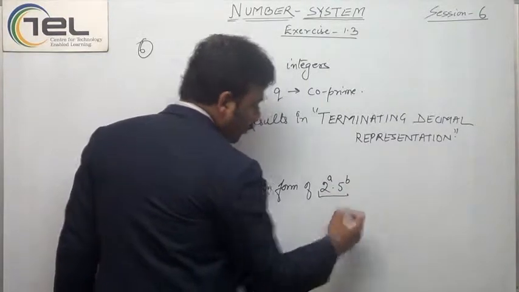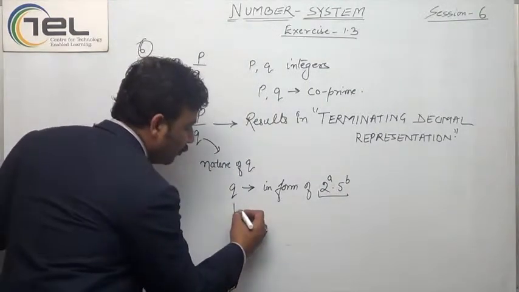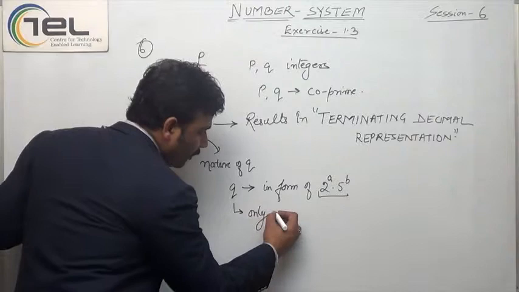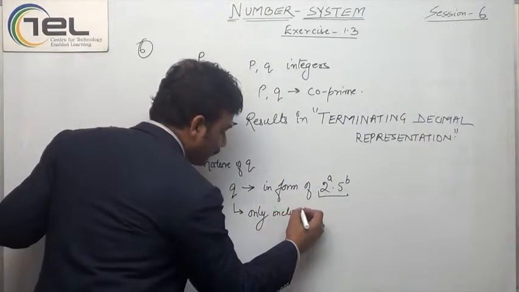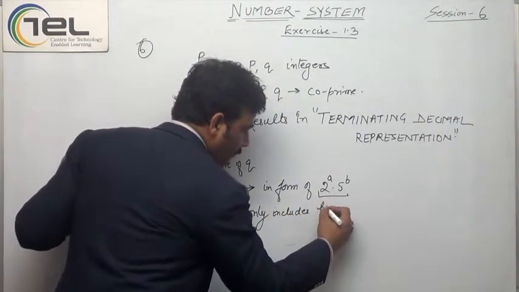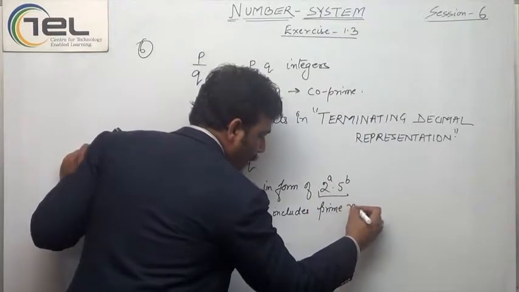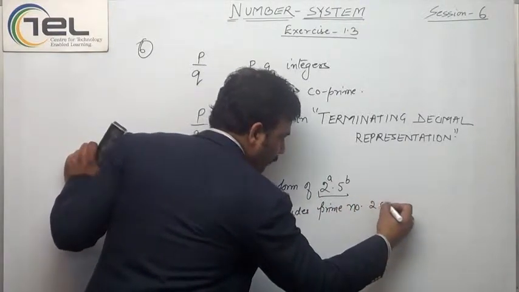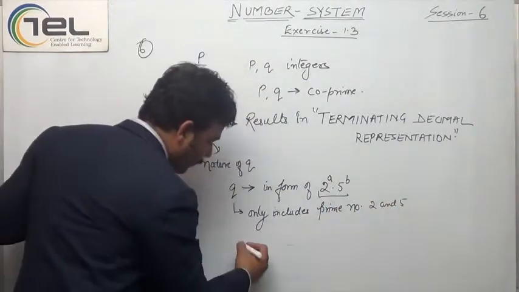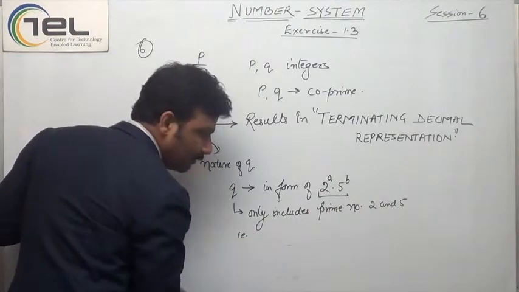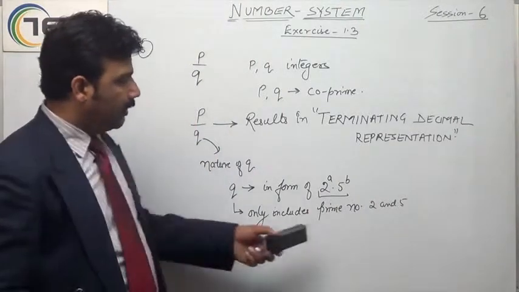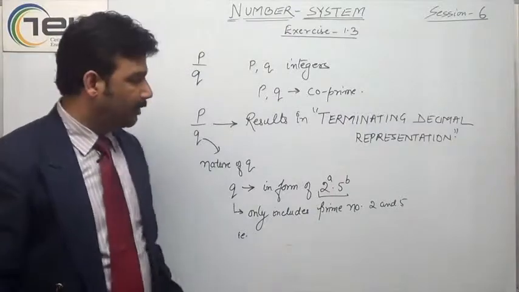That is, q only includes the prime numbers 2 and 5.